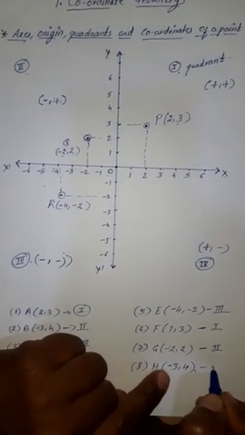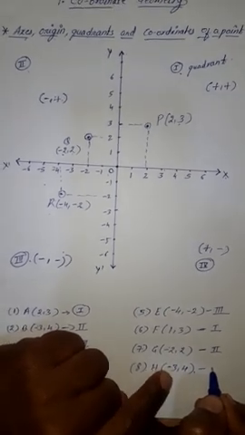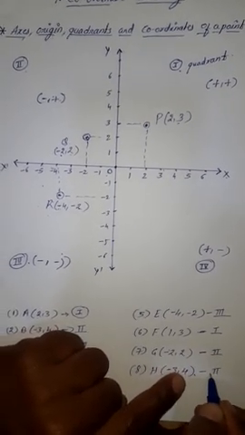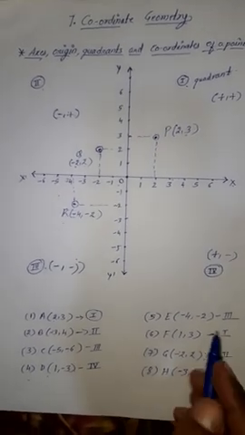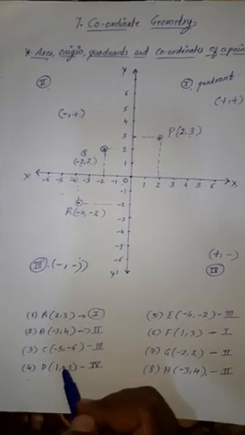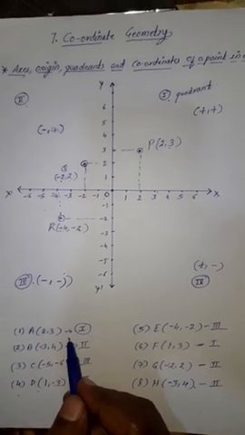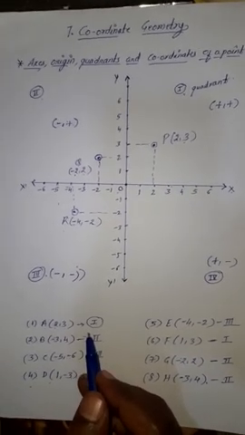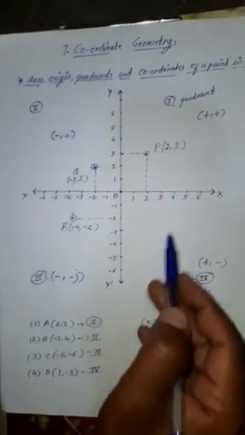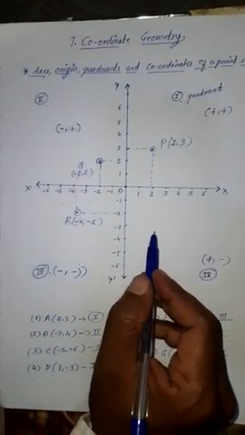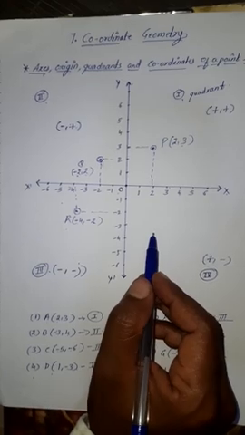And here again x is negative, y is positive, so this will also lie in the second quadrant. In this way, if we know the points, we can tell in which quadrant they lie. Even in the coordinate system, if we take any point, then we can find its coordinates.